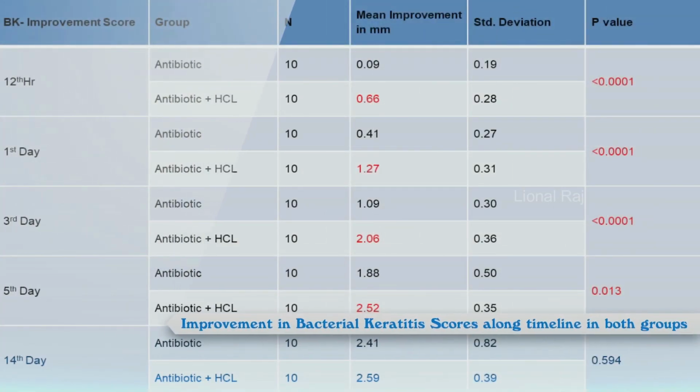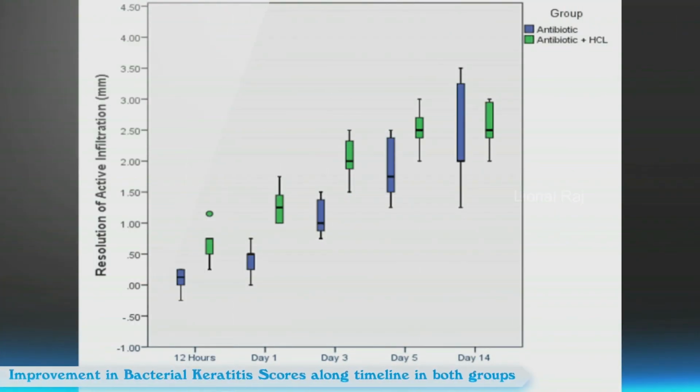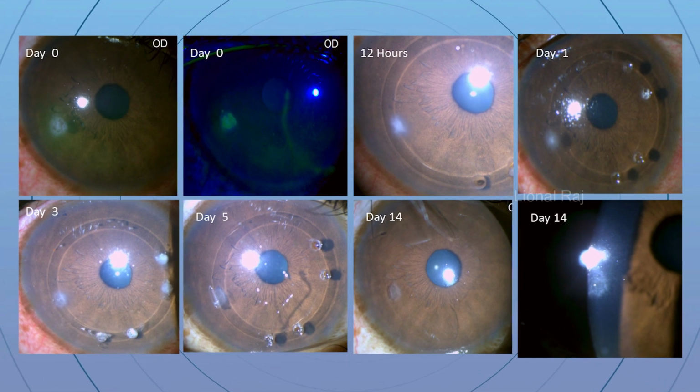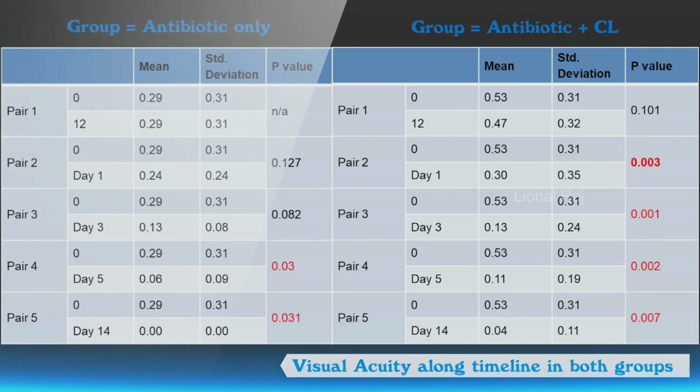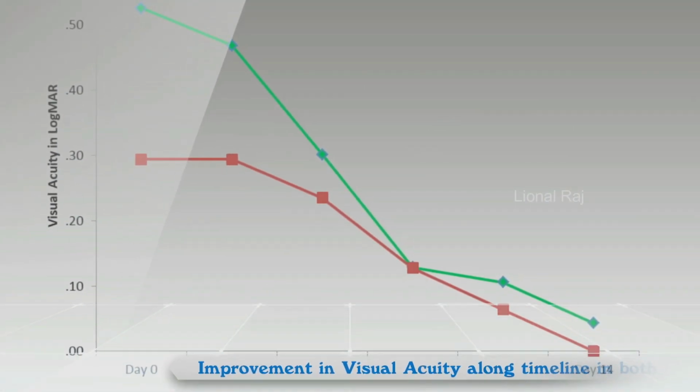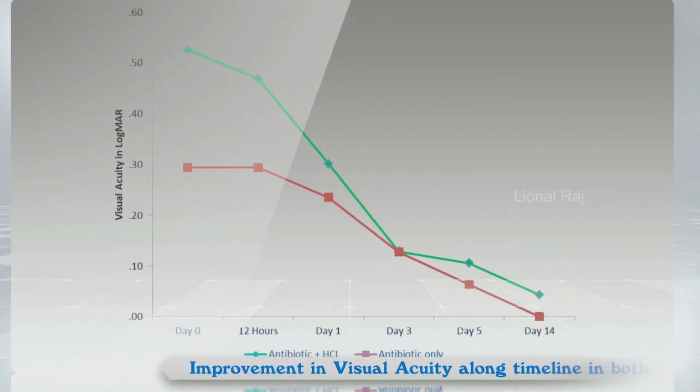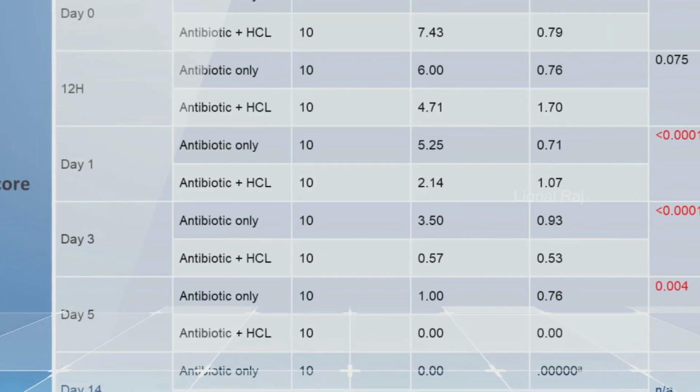Bacterial keratitis healed within 5 days with contact lens system and after 5 to 7 days when antibiotic alone was used. A mean of 1.5 lines improvement in vision was noted by day 1, which improved by another line by day 3 in the repository contact lens group against only drug group.